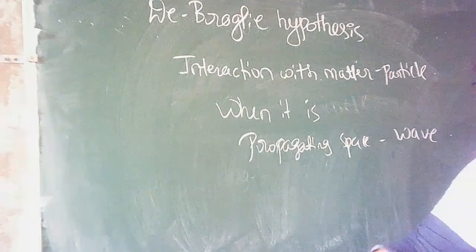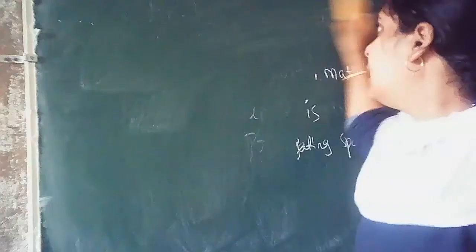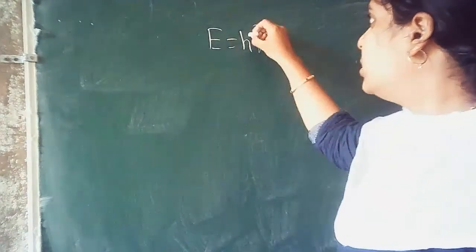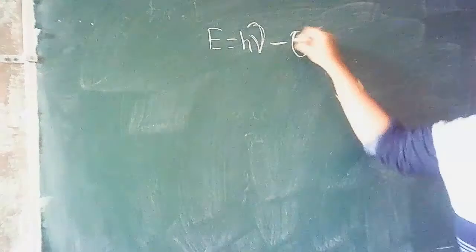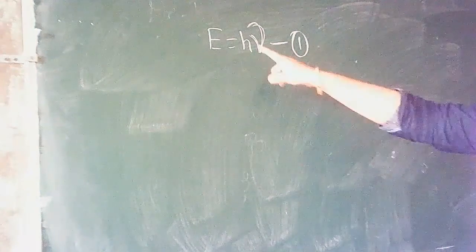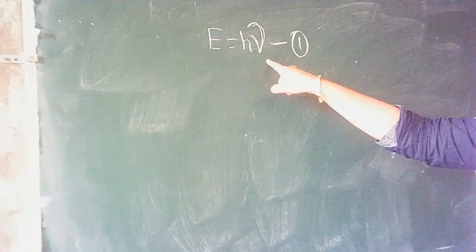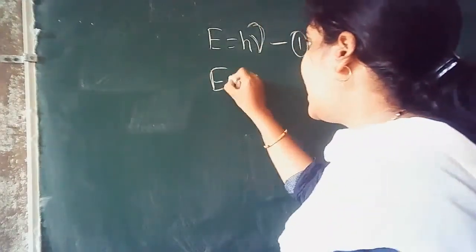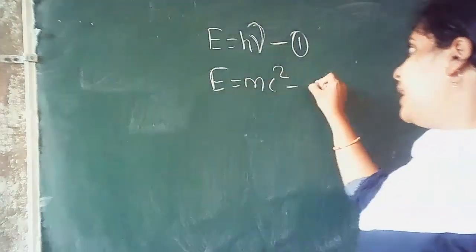So according to Planck, what is our equation? Our equation is E is equal to h into nu. This is our Planck's equation, where h is the Planck's constant and nu is the frequency. According to Einstein, we have E is equal to what? mc square.